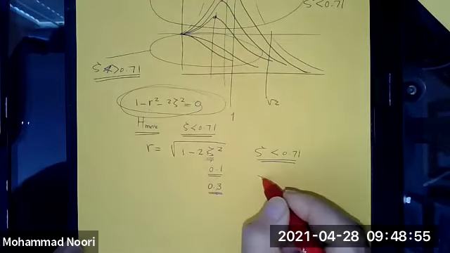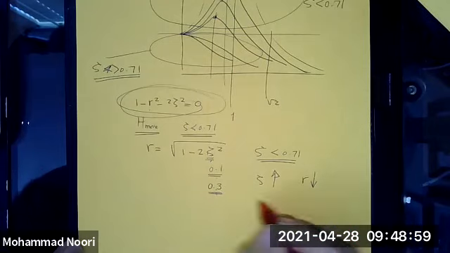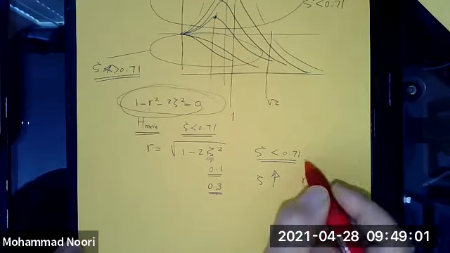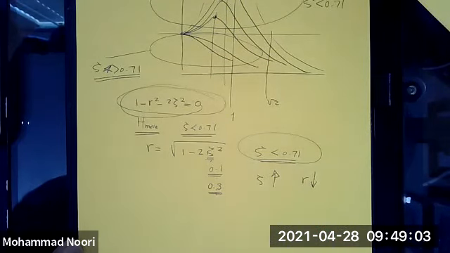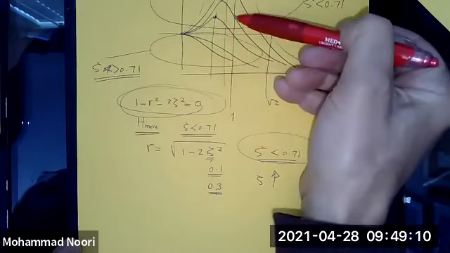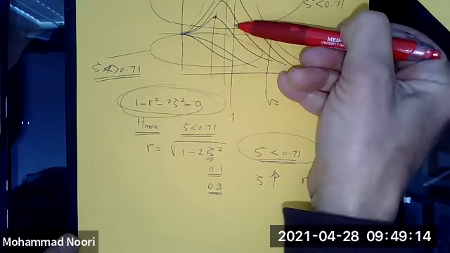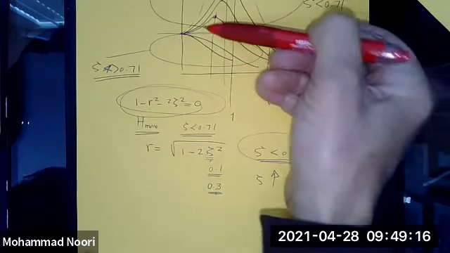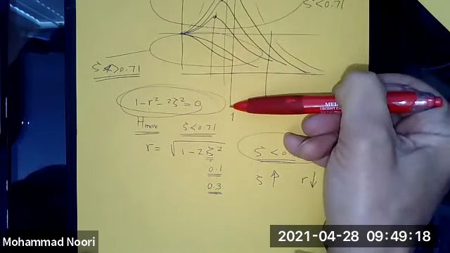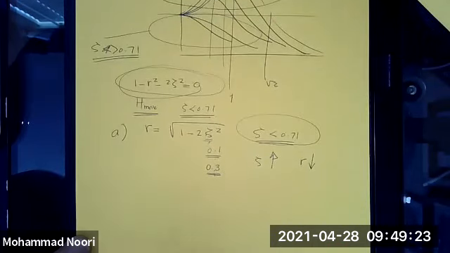So you can see that as the damping ratio increases, the R value will decrease within this range, of course. You remember when I first claimed that as the damping ratio increases, the shift of the peak value is further and further away from R equal to 1. So this is one observation that we make.